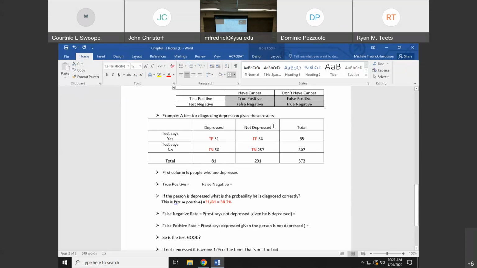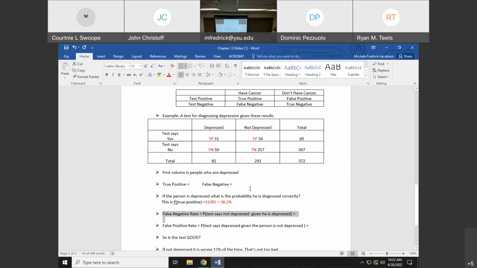False positive. Oh, I was reading the wrong one. False negative. Okay. False negative rate. Probability the test says you're not depressed given you are. Because that's right here, you're going to use 50 divided by 81.